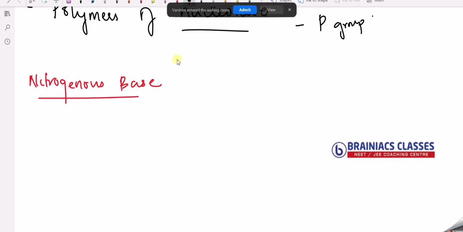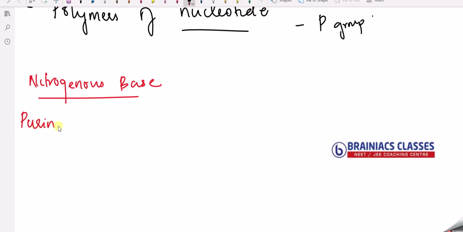If you take the nitrogenous base, what are the two types of nitrogenous base? It has purine and pyrimidine. Can you tell me the difference between purine and pyrimidine? It differs in their structure.